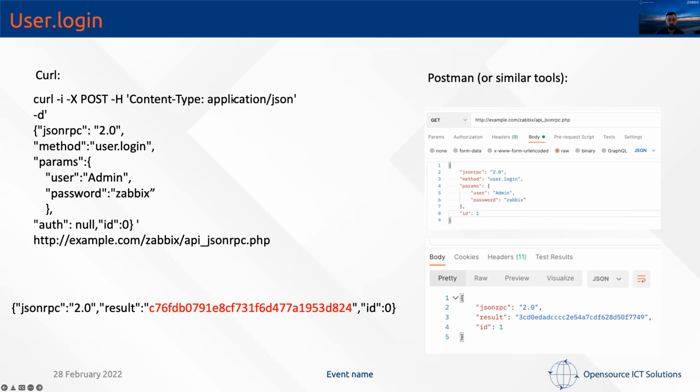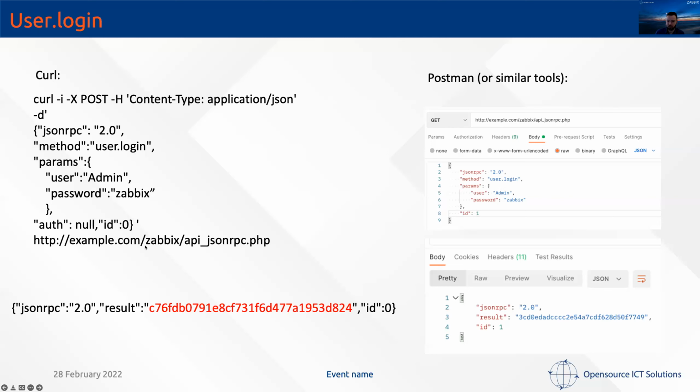In this case, we're of course going to specify that it's JSON data we're sending with a POST request. And in the POST request, we'll specify in the JSON that we want to use the method user.login and the parameters user with Admin and password with the password zabbix. So that's the default. As you can see, it is plain text in that curl command.